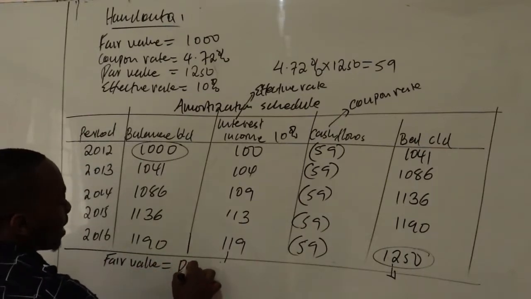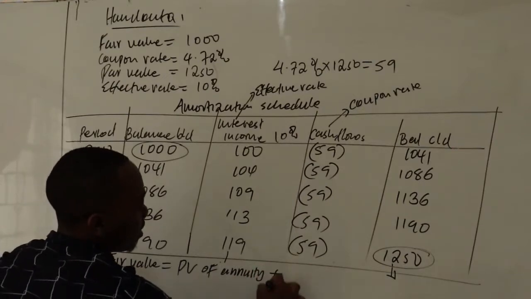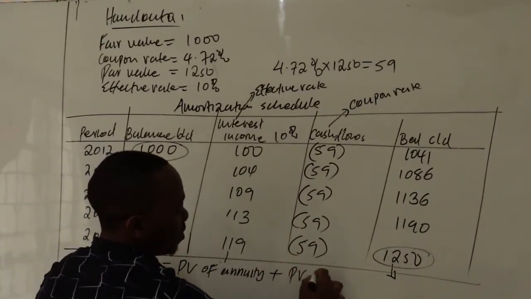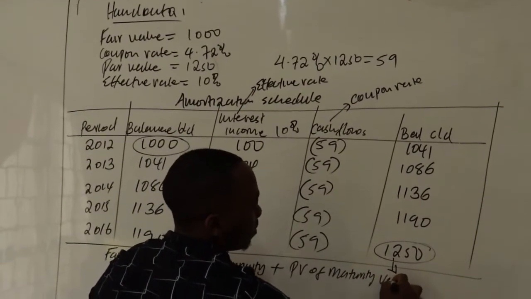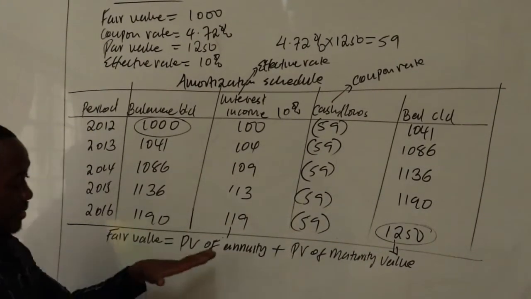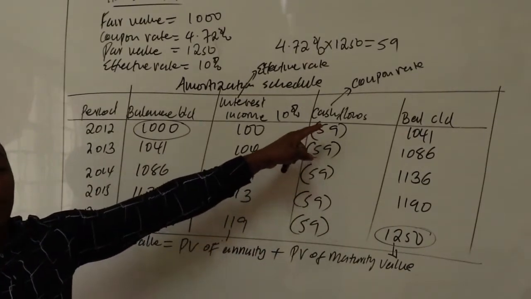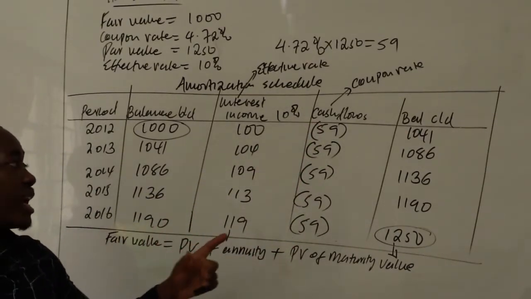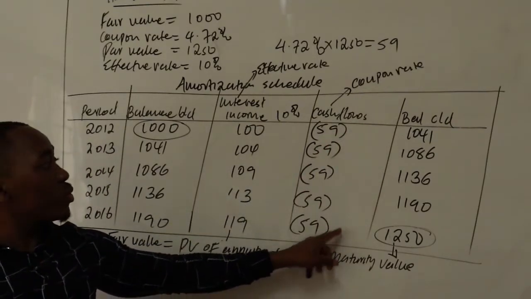You just take the present value of the annuity plus the present value of the maturity value. Remember, in this case, your annuity is the cash flow. This is what you are supposed to be receiving at the end of each year, which is the same amount, 59 up to the end. So that was the interest.